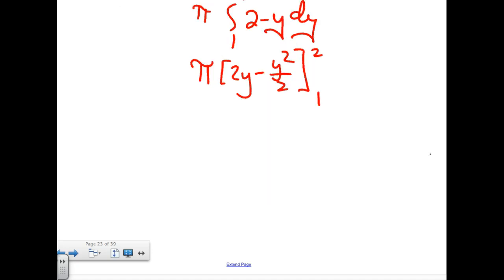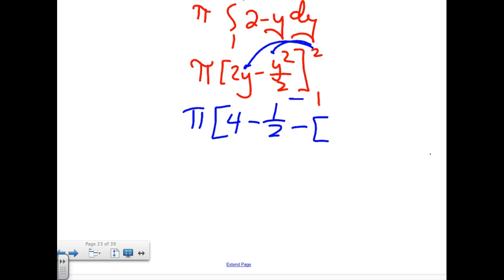And plug in a 2 in here. I'd get pi times the integral of 4 minus 1/2, minus more beefy brackets, putting in the 1, 2 minus, oh, I have a mistake there.